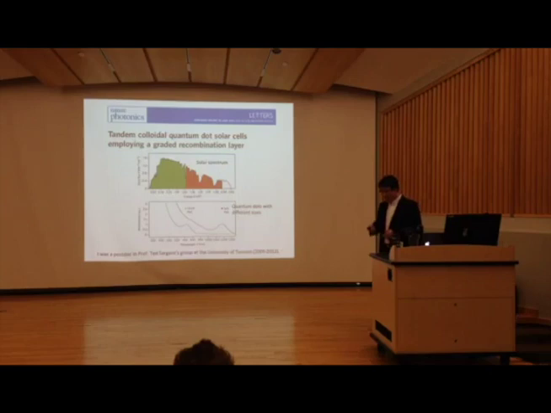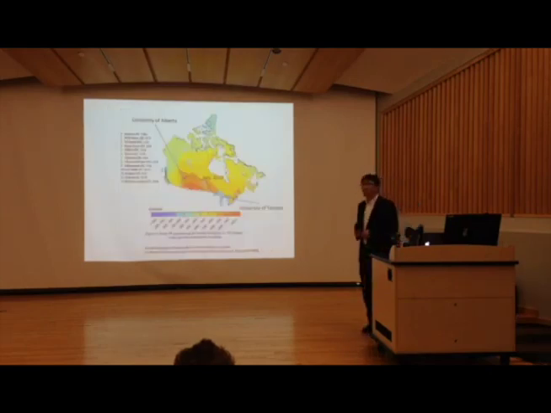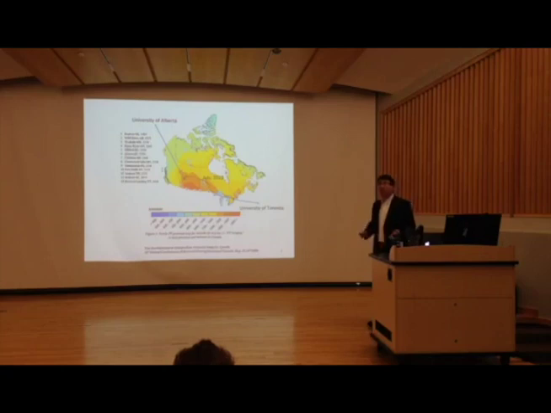Later on, I moved to the University of Alberta, and you may ask, why come here? Of course, if you do scientific research, it doesn't matter where you are, you can always make scientific contributions. But in terms of solar, if you look at the solar irradiance we receive in Edmonton on this map, we have more than Toronto.